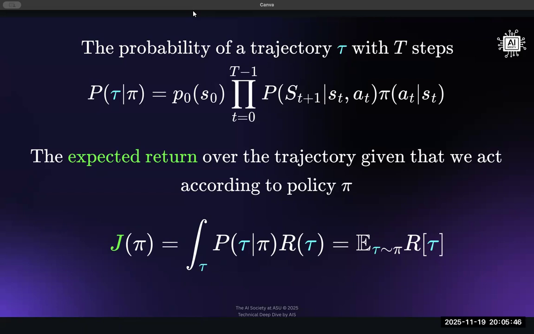And this is actually going to be formulated as a function of the policy. So we can give it any policy we want, a good policy or a bad policy. So that's what the function J is going to take. And given the definition of an expectation, this is just the expected value over the trajectory following the policy, the expected return of the trajectory.